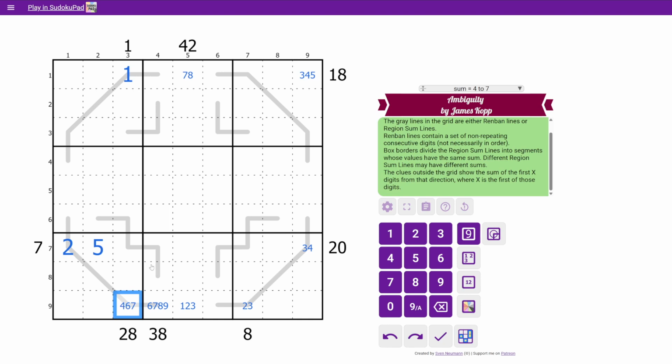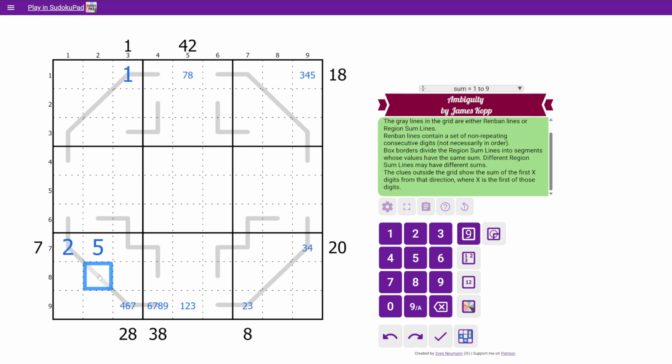Now, if that 4 wasn't there, 2, 3, 4. If the 4 wasn't there, then I would know that this is a 6, 6, 2.